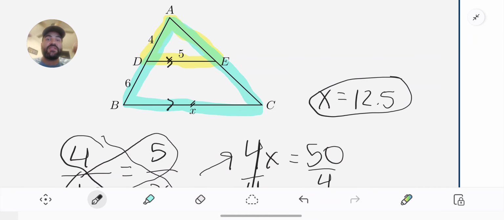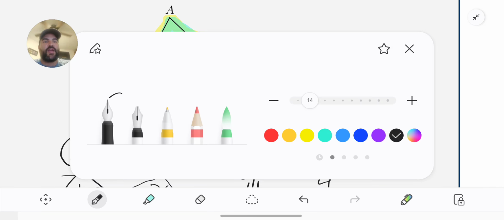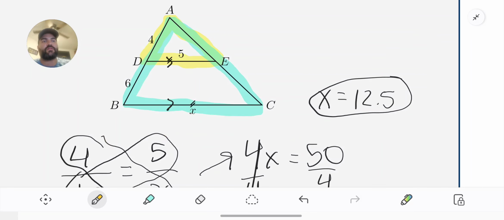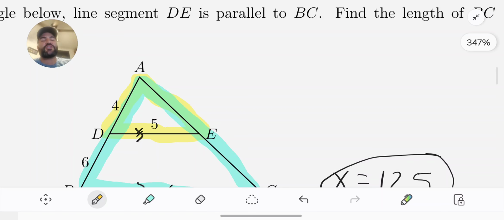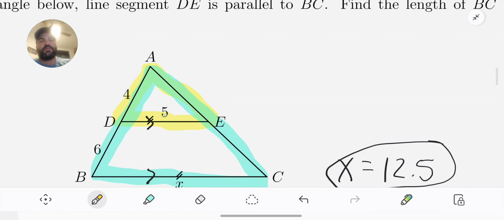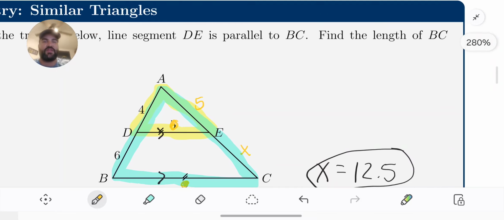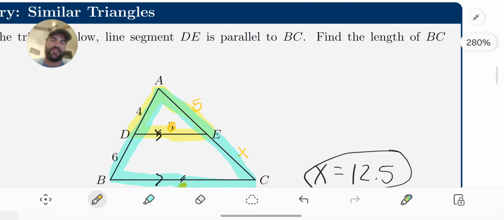Now, something to note. This might go down a rabbit hole. It is kind of important, especially if you're in geometry. When there's parallel lines like this, I'm shocked this question didn't put these numbers on the side, like the 5 and the x. If that was the case, don't really worry about this, it's good knowledge, but it's extra.